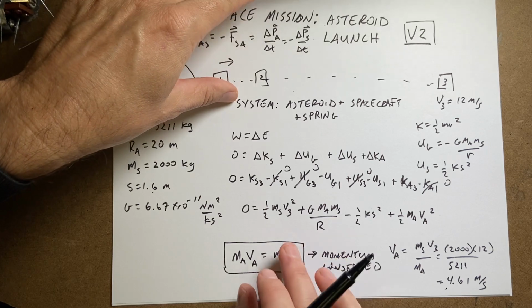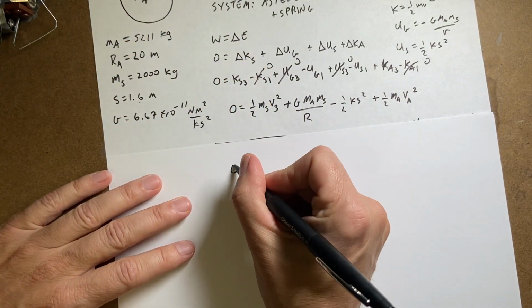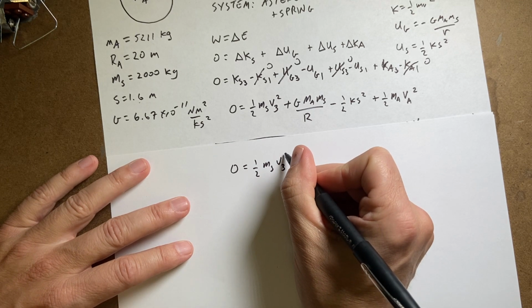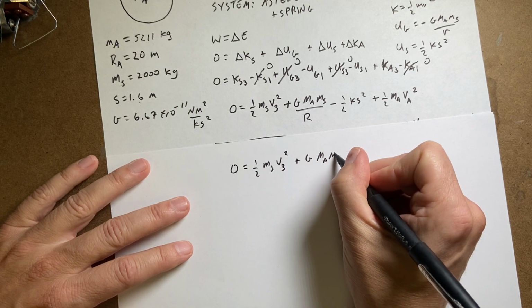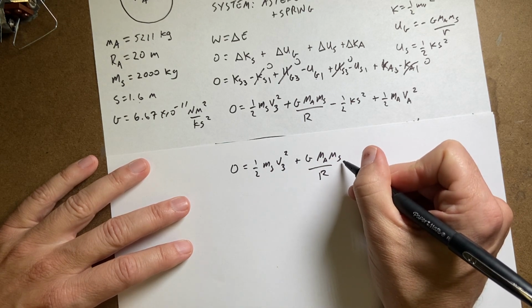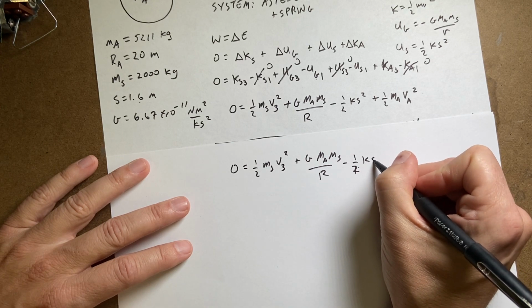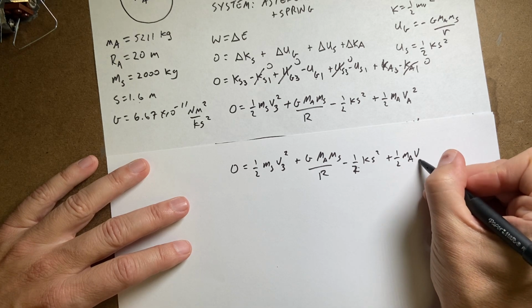So let's switch to a new paper. I'm going to rewrite that equation. I have 0 equals 1/2 ms v3 squared plus G ma ms over r minus 1/2 ks squared plus 1/2 ma va squared.